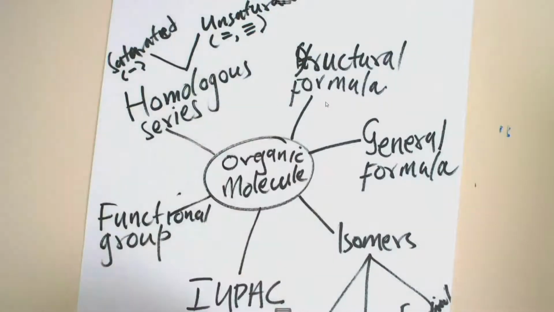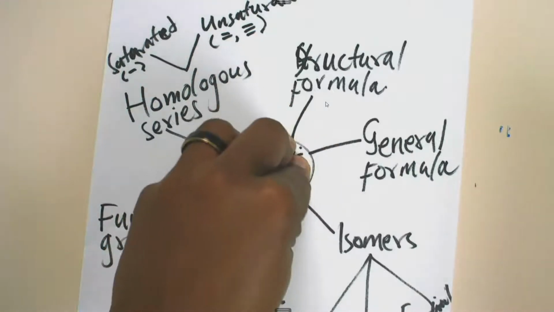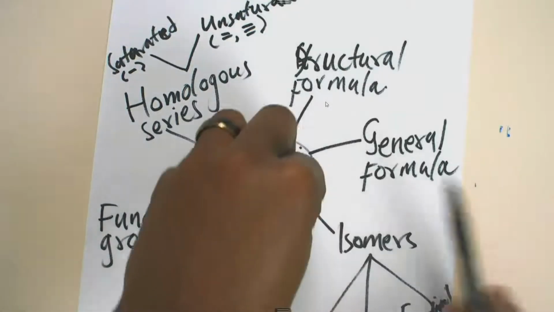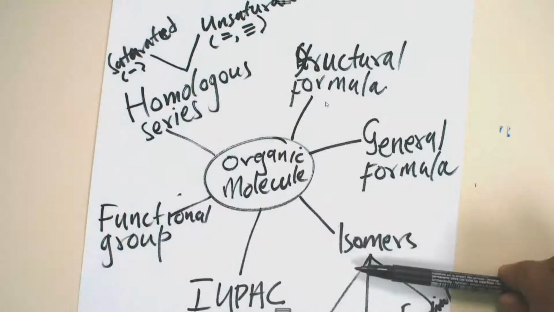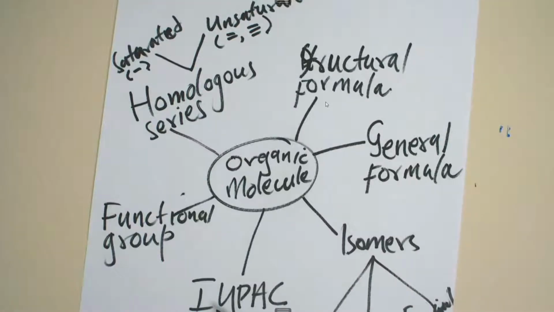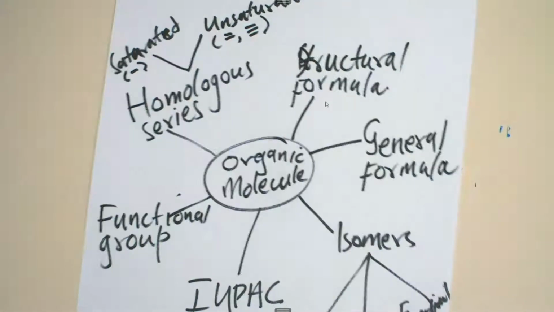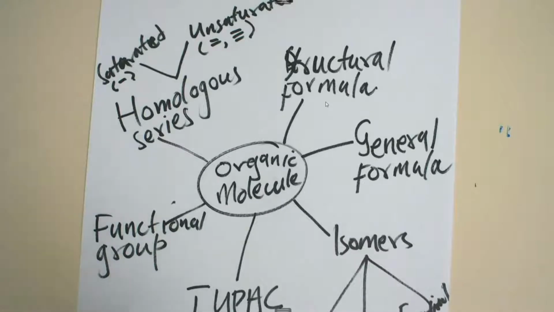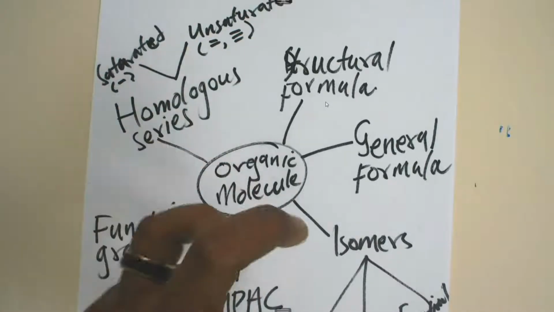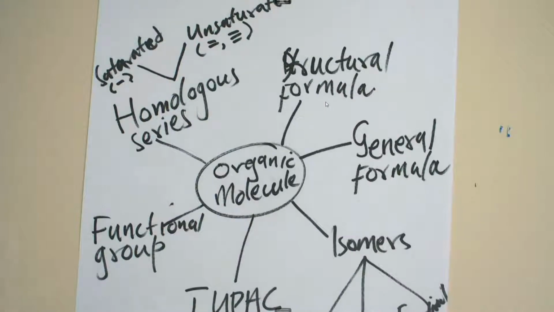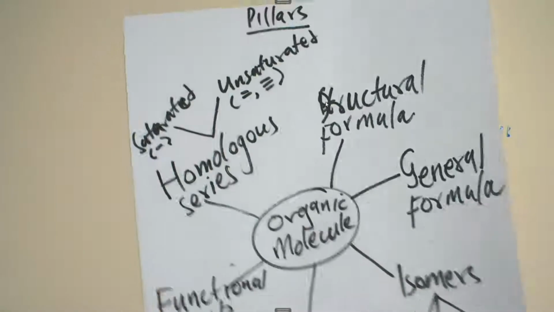So hence I'm saying if you are looking at an organic molecule, kindly ensure that you are able to say anything about the general formula, anything about the isomers, anything about the IUPAC name, anything that has to do with the functional group and the homologous series, further extended to saturated and unsaturated. So when you study, if that is your way of looking at a molecule, automatically you have answered the majority of possible questions that will be asked in an exam.